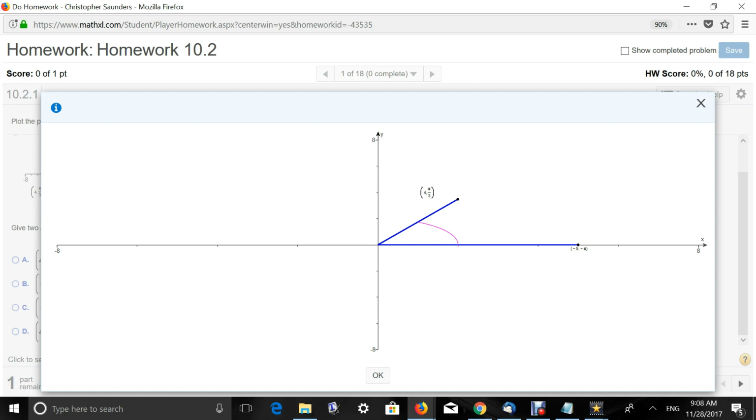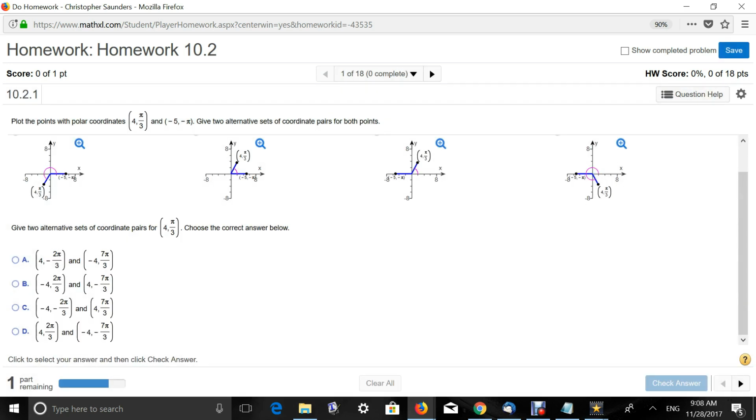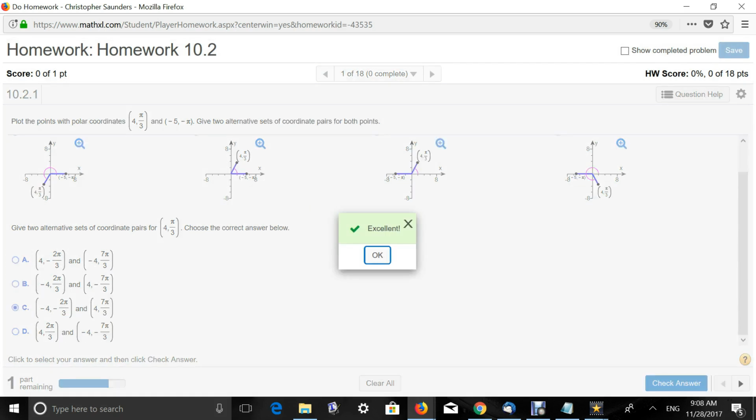So a negative 2 pi over 3 angle, but then a negative radius will get me to exactly the same thing. And that's what we see right here. Negative 2 pi over 3 for the angle, so that's 180 degrees back, and then negative 4 means a move in the opposite direction, and it puts us back to exactly the same point.